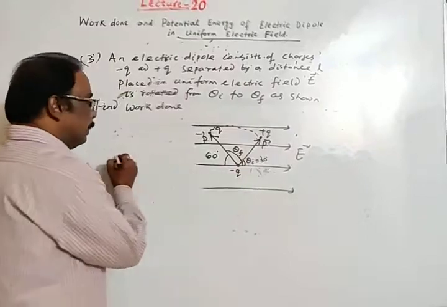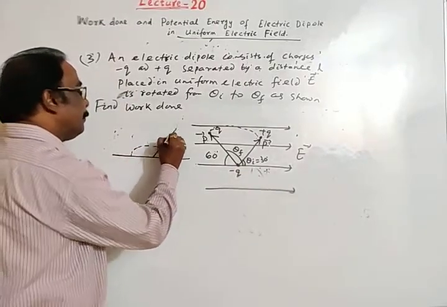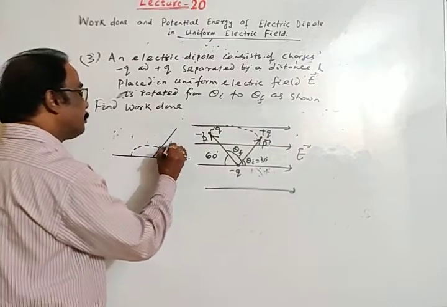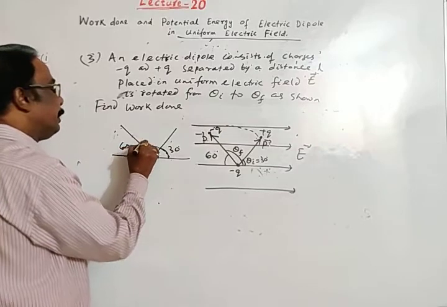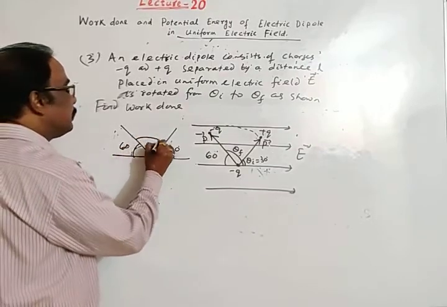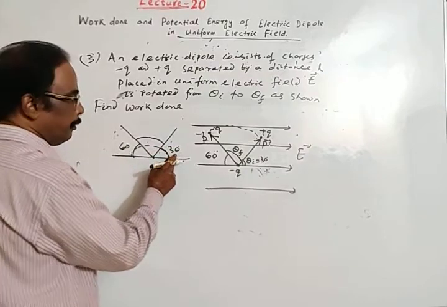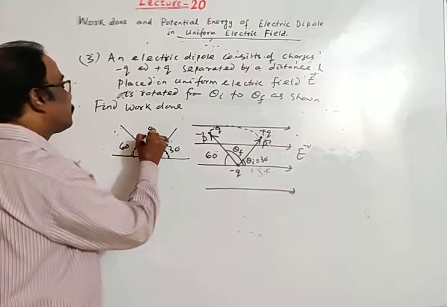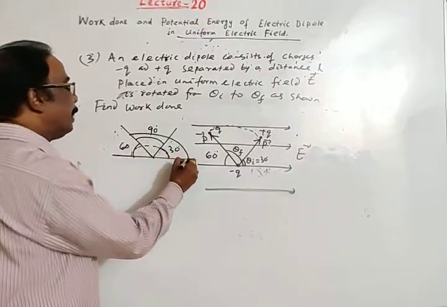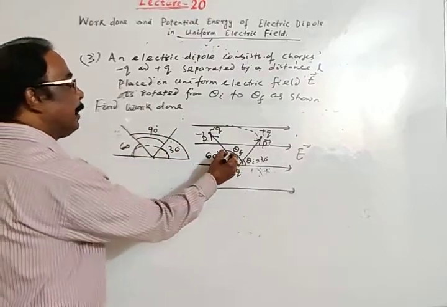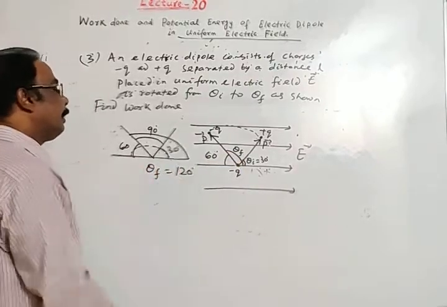See, this total angle is 180 degree. This angle is 30 degree. This angle is 60 degree. So obviously this angle 30, 60, 90. So this angle is 90 degree. Means here theta final, this total angle, final angle is 120 degree.